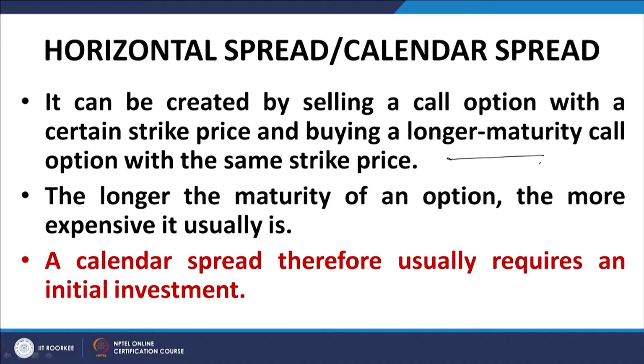Now, let us say we have two options. We take a short position in option A and we take a long position in option B. The maturity of option A is T A, the maturity of option B is T B, and let us say the price of option A is C A, the price of option B is C B, and let us assume that A is short, and B is long.